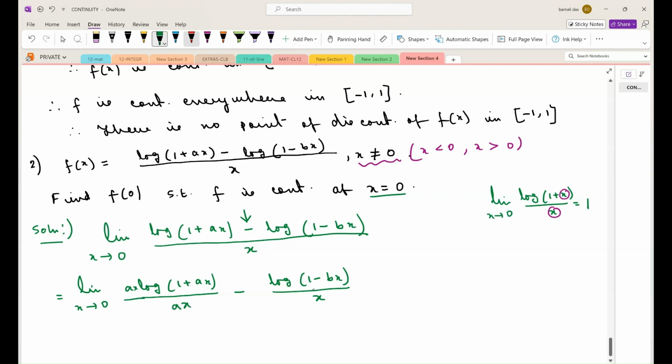Now similarly, here you can visualize this as 1 plus minus bx. If I want to compare this with the standard limit, which is with plus, that means I will need a minus b here. So if I need a minus b here, I will have to multiply a minus b here to get rid of it. So that's the manipulation. So this whole thing is within second bracket.